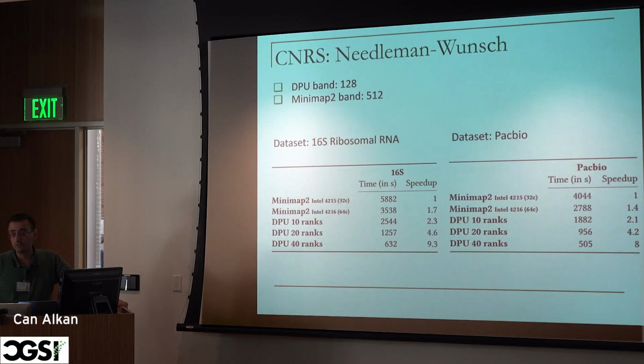So here is an example from CNRS, from Dominique Lavenier's group. They developed a Needleman-Wunsch acceleration using DPUs, and they had some decent speedups with 40 ranks of DPU. This is not using the entire 2500. They achieved about 10-fold speedup when aligning 16S ribosomal RNA sequences. They also did some PacBio alignment analysis, and they have seen about 8-fold speedup compared to Minimap2.